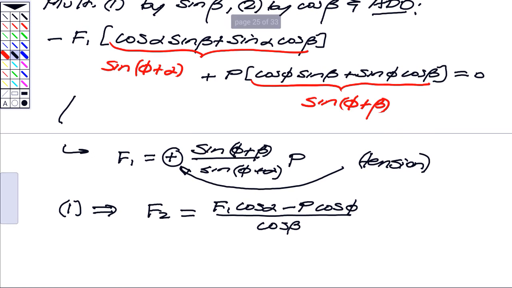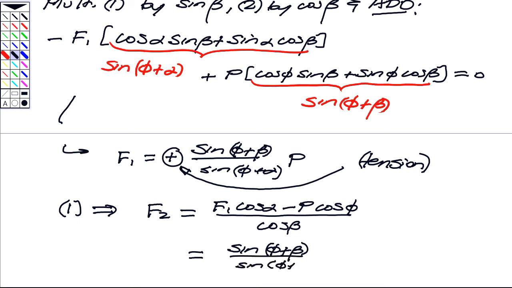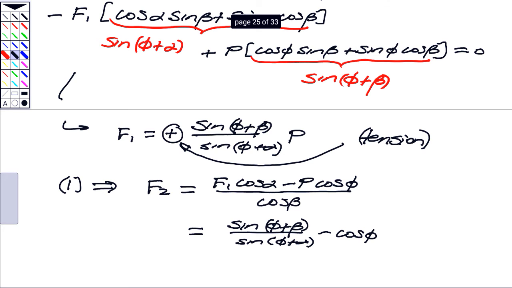And I substitute in the expressions I should say there for F1. I get sine of phi plus beta over sine of phi plus alpha minus cosine phi, divided by cosine beta.